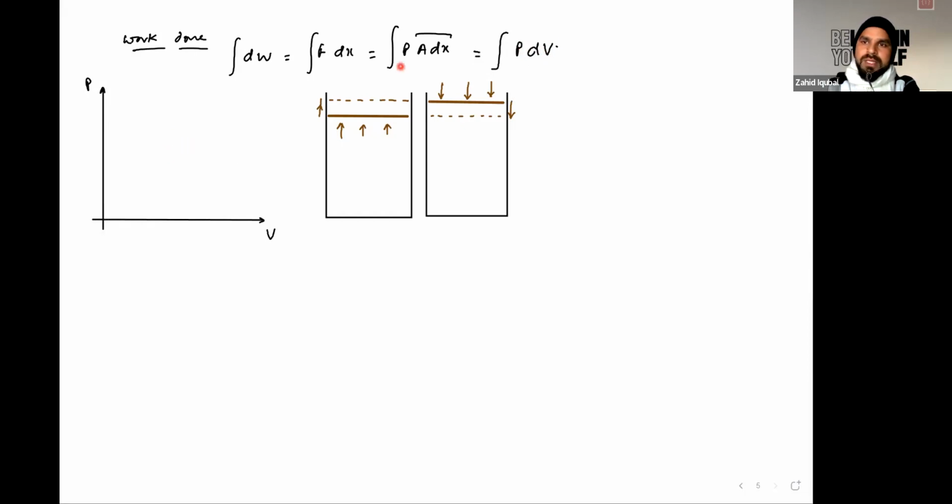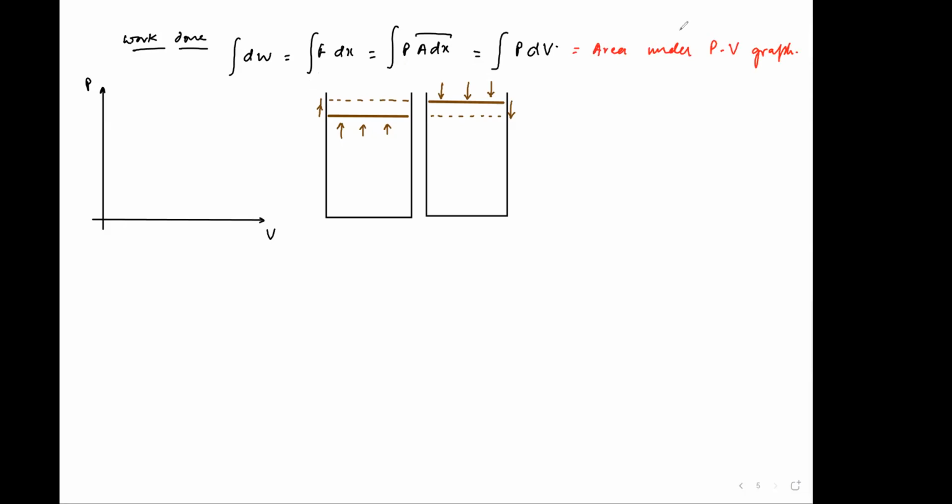So from this, we can say the area under the pressure versus volume graph will give you work done related to that process. Is it clear?